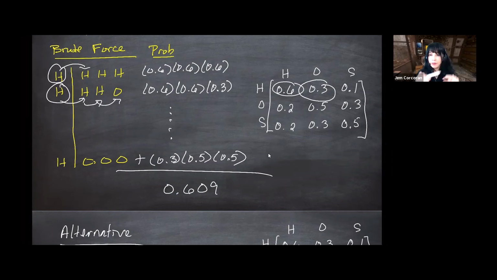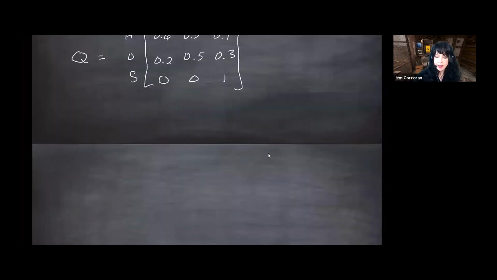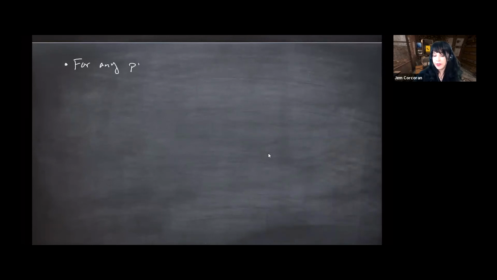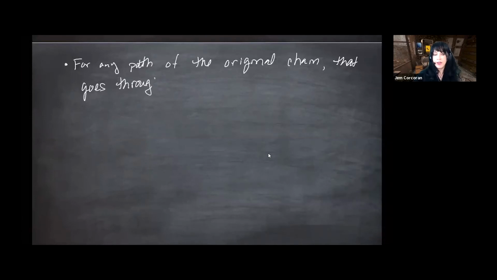The P matrix would keep evolving moods, but once he hits sadness in the Q matrix, he gets stuck at sadness. And so for any path of the original chain, which I'm calling the P chain, that ever hits S, the Q chain will get stuck in S at that point.